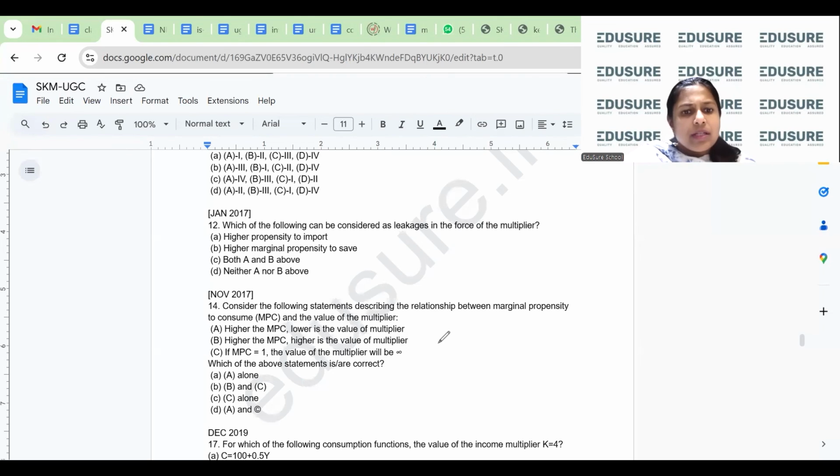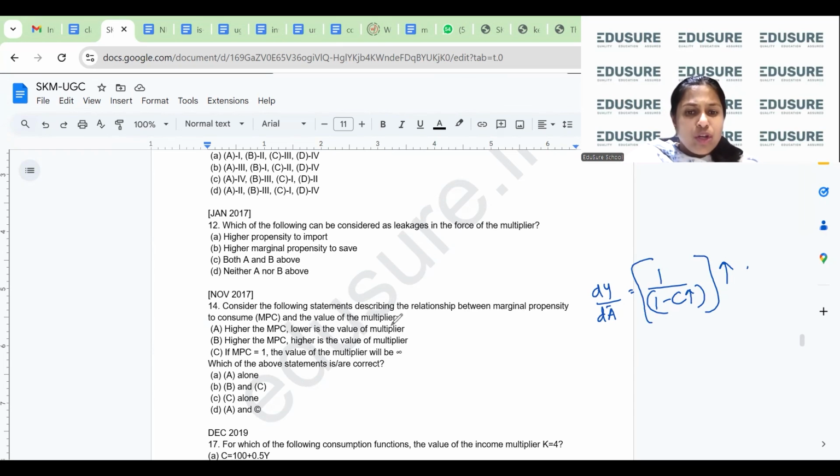November 2017. Consider the following statements describing the relationship between marginal propensity to consume and the value of the multiplier. So the multiplier dy by dA bar is equal to 1 by 1 minus C. The higher the MPC, the lower the denominator, and the lower the denominator, the higher the multiplier.